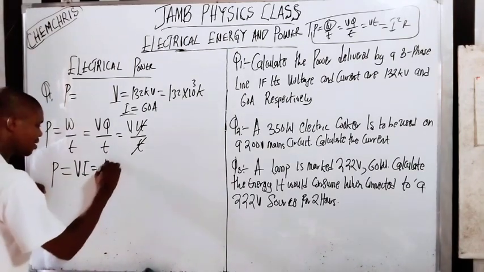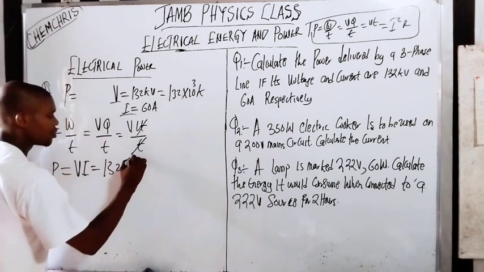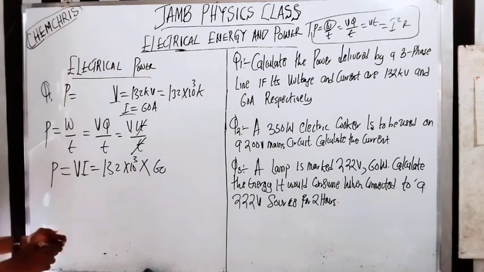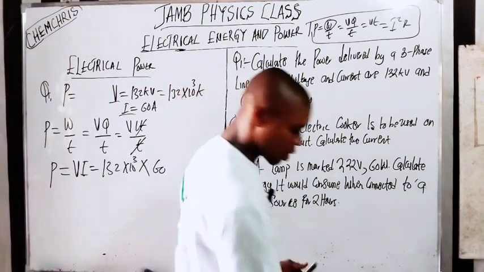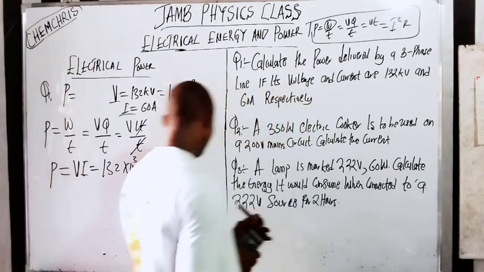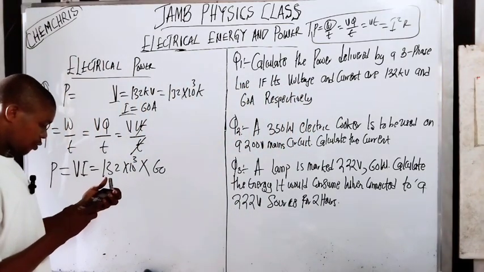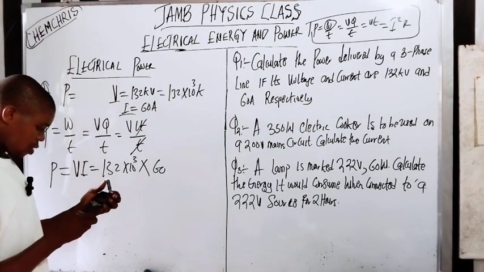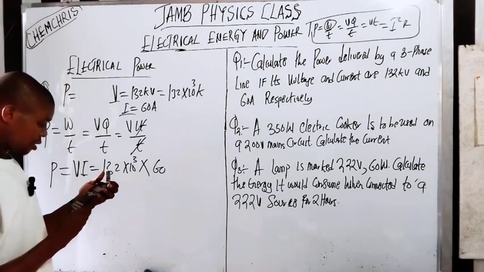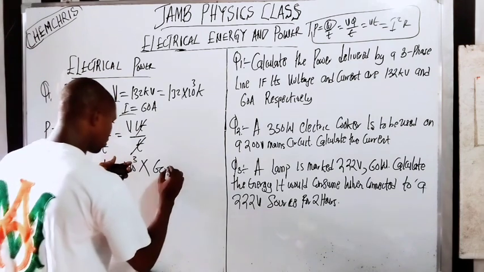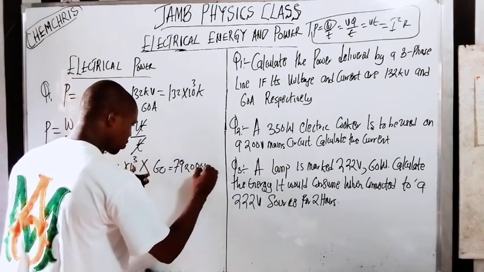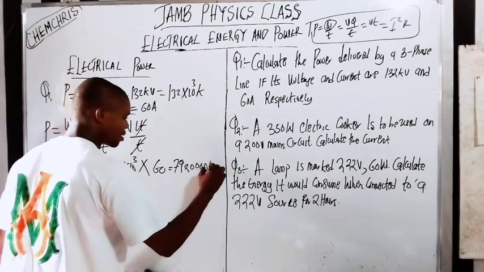Here we have 132 times 10 power 3 times 60 amperes. So let's do the calculation. 132 times 10 power 3 times 60 gives 7,920,000, so the unit is watts.